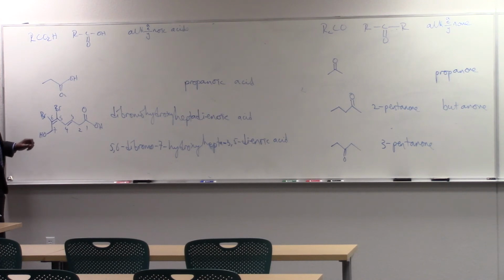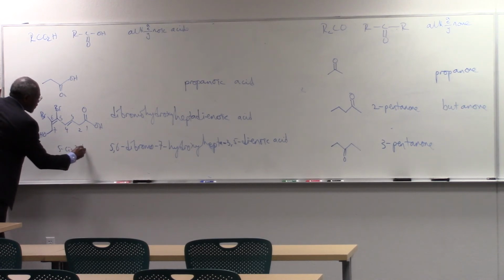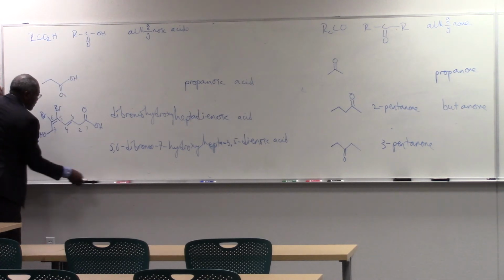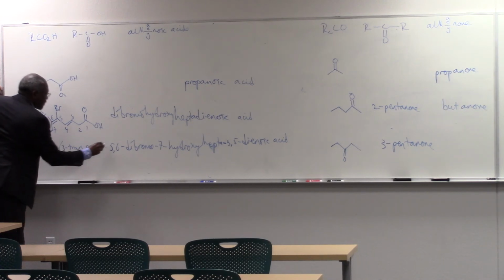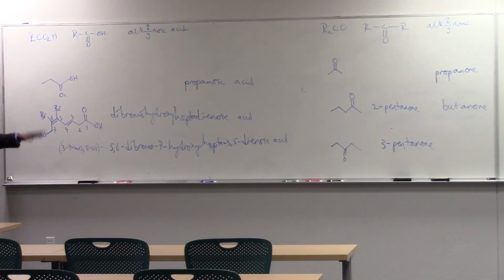So I can call it 3 trans, 5 cis, right, because I want the small number regardless of the letter. So 3 trans, 5 cis, 5,6-dibromo, blah, blah, blah.